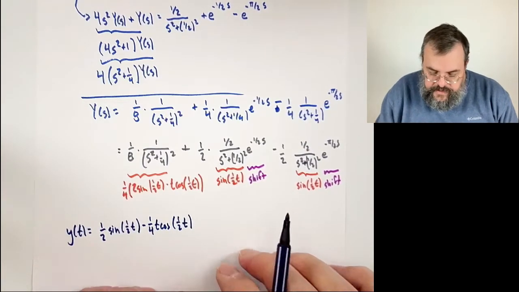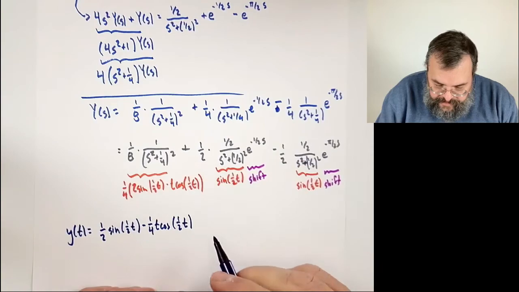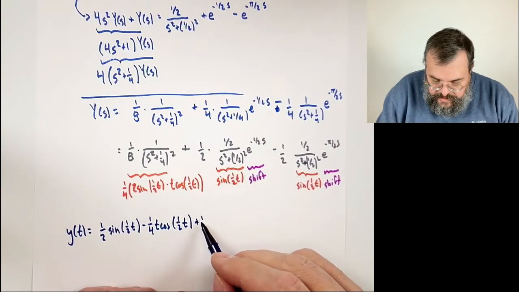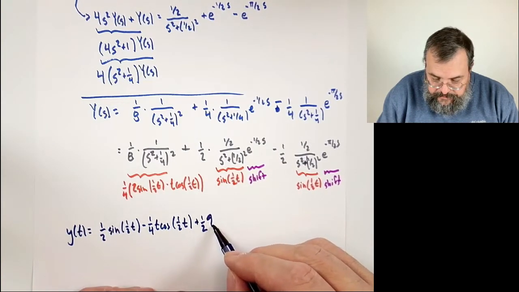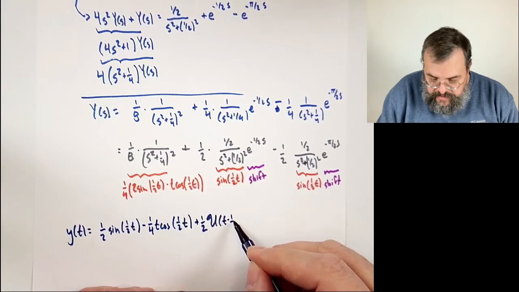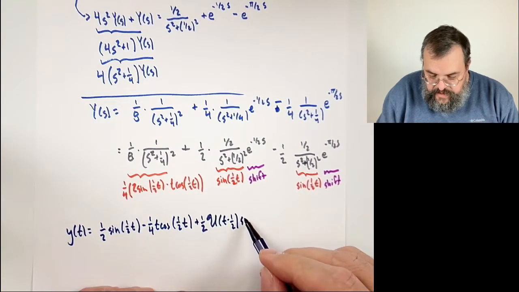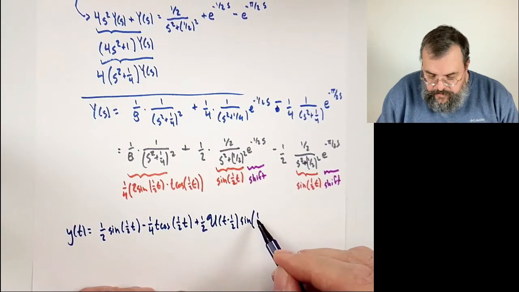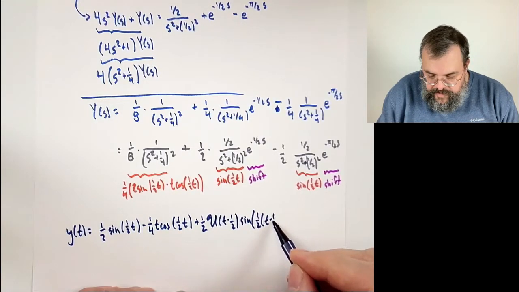Okay, that's the first piece. Then there's a plus a half. And because we have the shift, unit step function, t minus a half, and sine of 1/2 t minus a half.